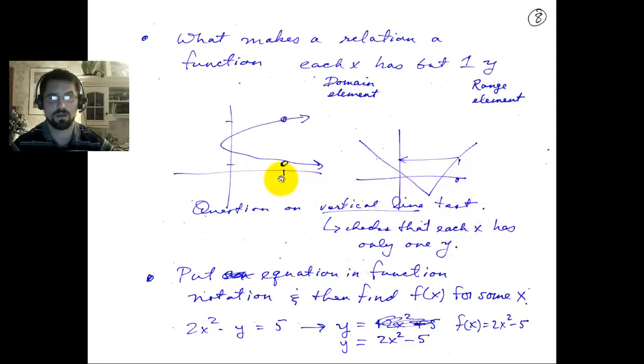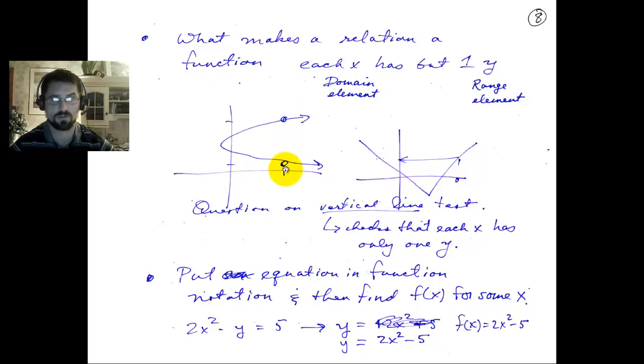If you look at this relation here, it's a set of points, so it's considered a relation. This one x here has a y at this level, but also has a y at that level. So if I drew a vertical line, it would hit both those places. The vertical line test would tell me that this is not a function because a vertical line hits in more than one place.